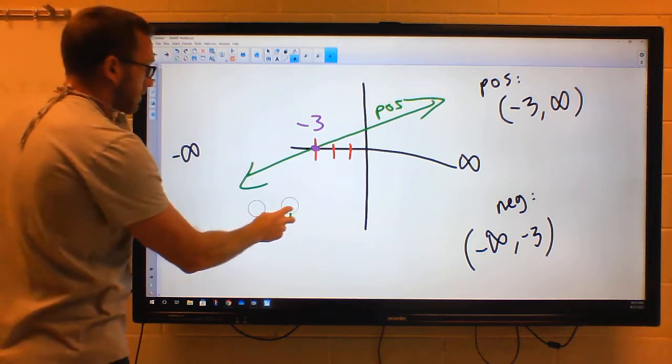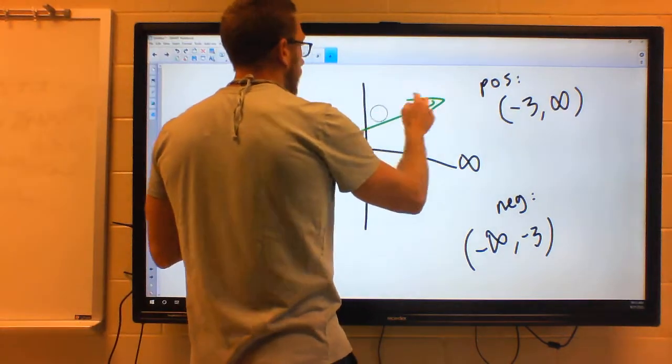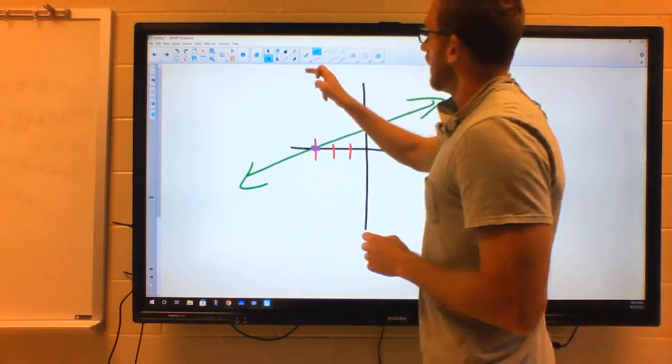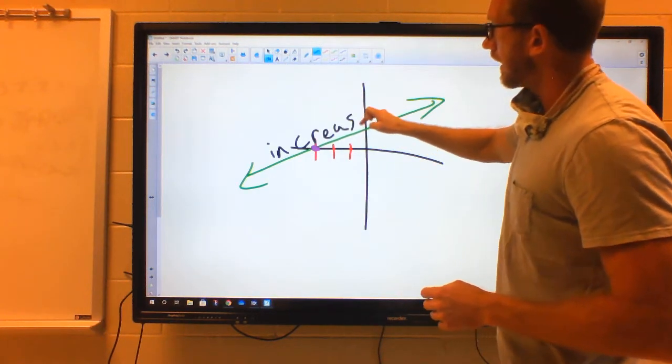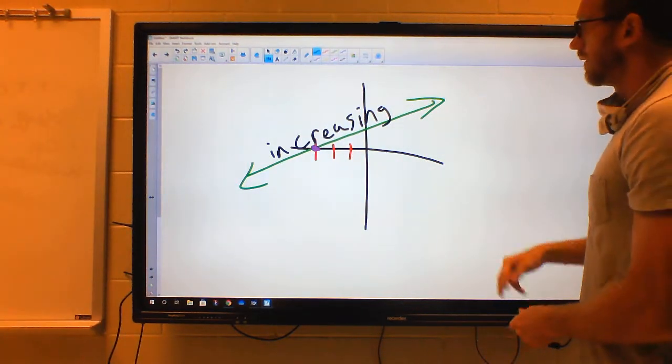Okay? I actually like this problem also if we're looking at identifying increasing and decreasing regions. In fact, this problem is always increasing. Even though it has negative values, it's always increasing.